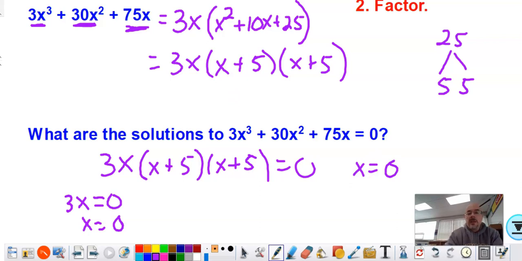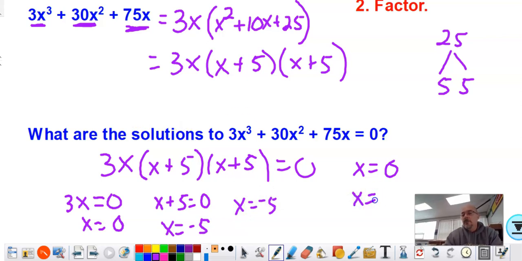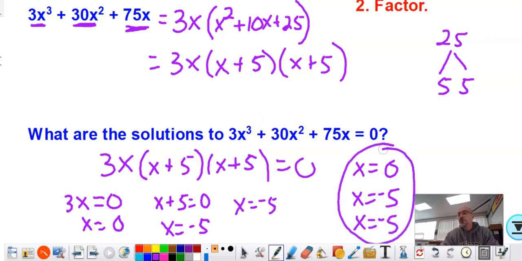All right, and then if I take x plus 5 and set it equal to 0, x would be negative 5. And this one would also be negative 5. So you don't have to write it twice, but you certainly can if you want. Those are the solutions to that polynomial equation.